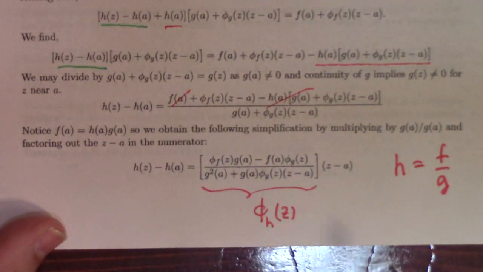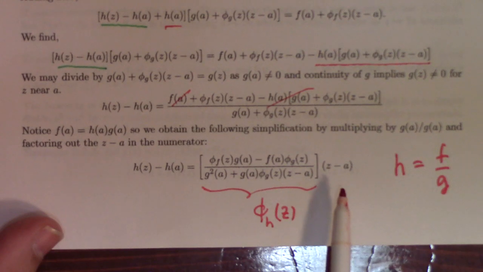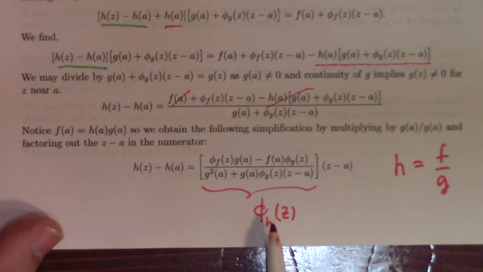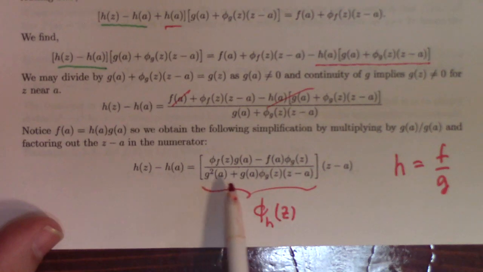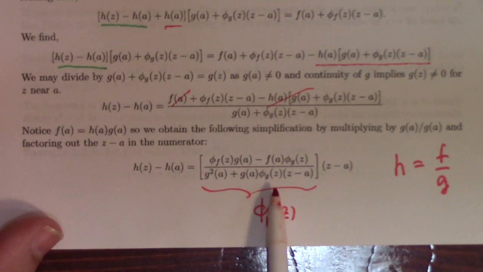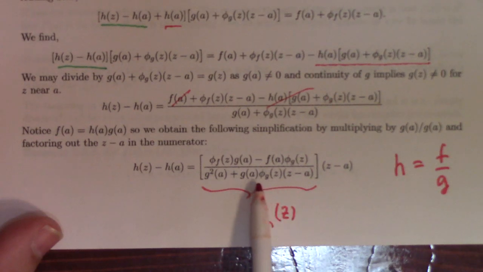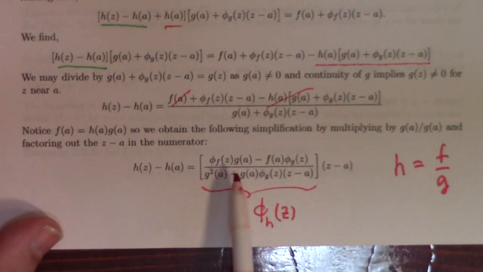Now if that's phi h of z, then that satisfies the needed identity 2 for the Carathéodory criteria. And then the question is, is it continuous? Well, it is the quotient of functions where the numerator is continuous, the denominator is continuous, and the denominator is not 0 when we're looking at the limit point z equals a, because g of a is assumed to be non-zero, and so when I plug in z equals a, this is 0 plus something non-zero, so it's fine.